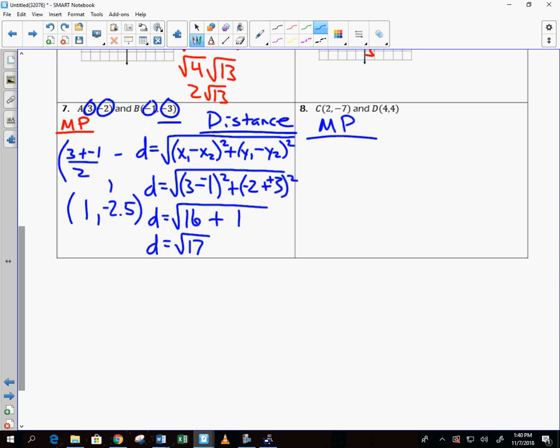Midpoint. Okay, I just showed you how to do it. Now you lead me through it. What do I do? x2 minus x1, close. Plus, remember, midpoint is the average, so we add them together, right? So we add them. 2 plus 4, then what? Over 2.